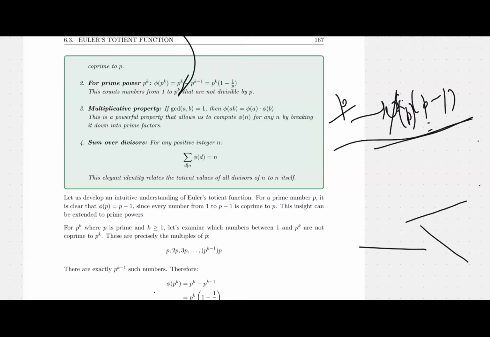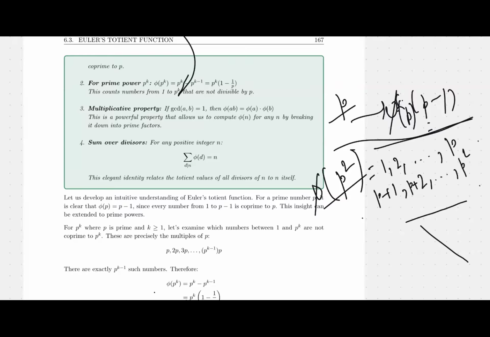Which means, let's go to this: what is phi of p square? Look at it this way: 1, 2, up to p, then p plus 1, p plus 2, dot, dot, dot, p square, right?